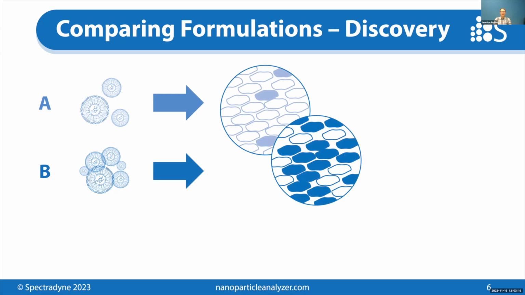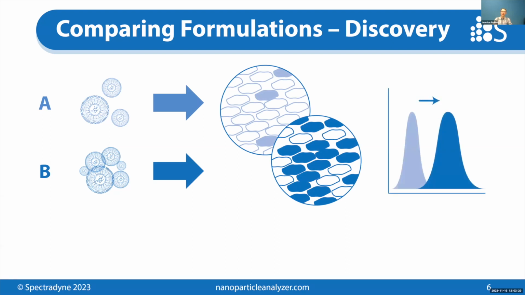And then that affects some change in the system. In this case, I'm showing tissue culture and an increase, formulation B makes more fluorescent cells, right? And then there's a readout that maybe you use flow cytometry to look at the increase or difference between these two formulations in the number of fluorescent cells that they generated.